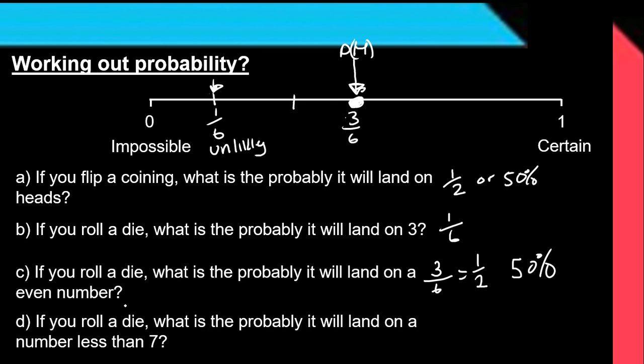One more question then: if you roll a die, what's the probability that it will land on a number less than 7? Well, all the numbers are 1, 2, 3, 4, 5, 6. So the probability it lands on a number less than 7 is going to be 100%. It's certain. Every number on the die is less than 7. So this one is a 100% chance, it is definitely going to happen.